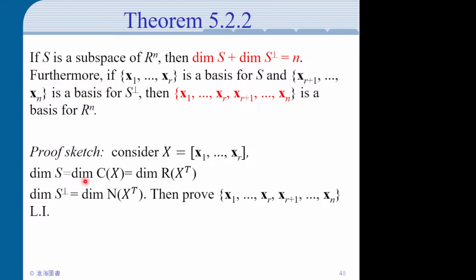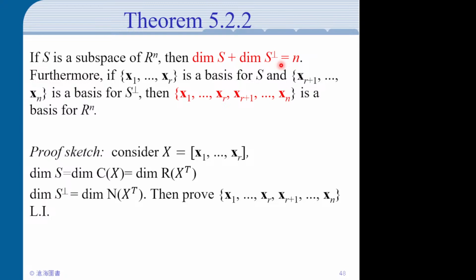Then we go back to rank-nullity. We know the dimension of this null space of X transpose plus the dimension of the row space of X transpose equals n. So this thing plus this thing equals n. So the dimension of S plus the dimension of S dual equals n.